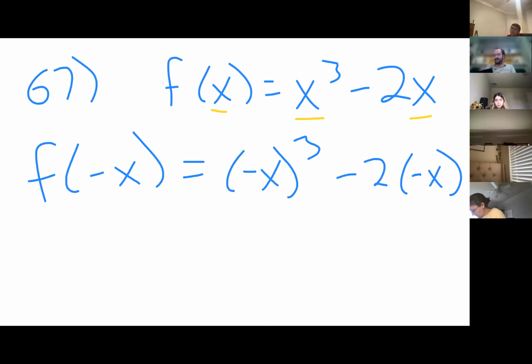If I do minus x to the third, is that a positive or a negative x? If I do a negative x to the third, I'm multiplying negative x times negative x times negative x. Overall, is that positive or negative? If you have 3 negatives, is that going to be negative or positive?